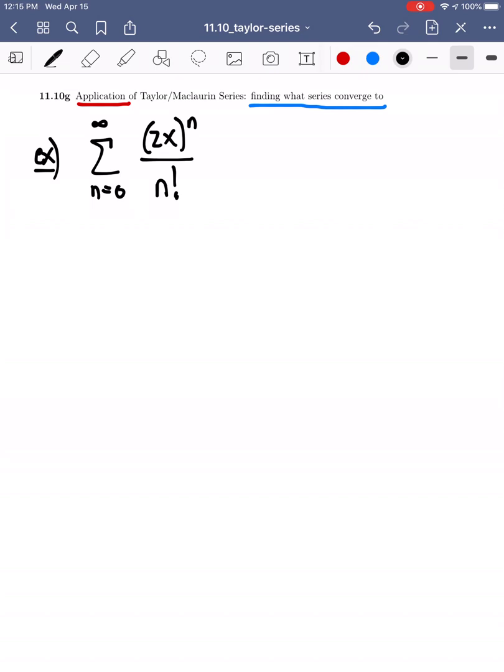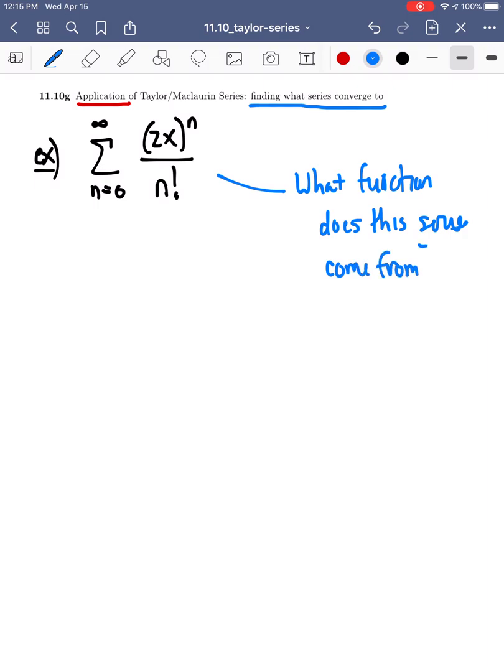Now at this point, basically what we're going to do in this next section is work backwards and ask ourselves, what Taylor series does this come from? Or what function does this come from? So right now, let's just write out what those few functions are that we know their Taylor series.